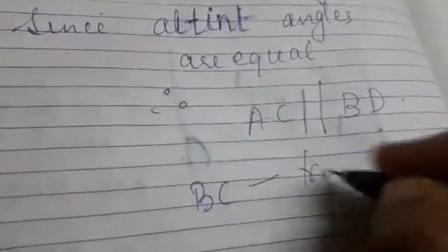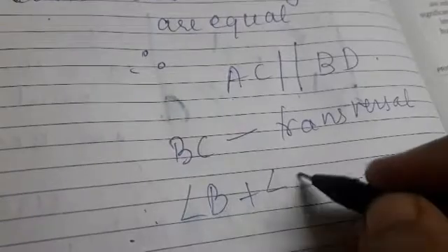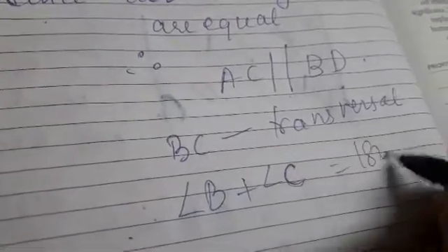So we will now write: AC is parallel to BD, BC is a transversal. Therefore, angle B plus angle C, not D, equals 180. They are also called which angles? Co-interior angles, which are supplementary.